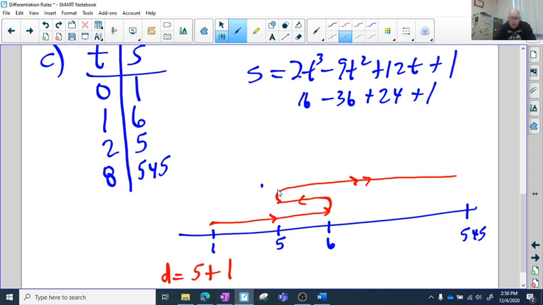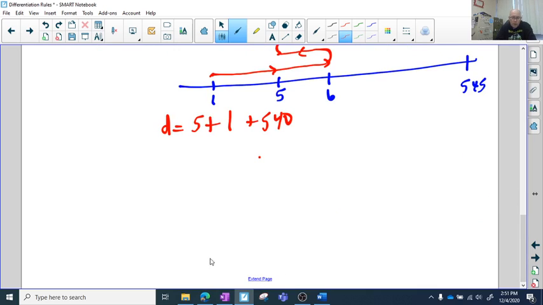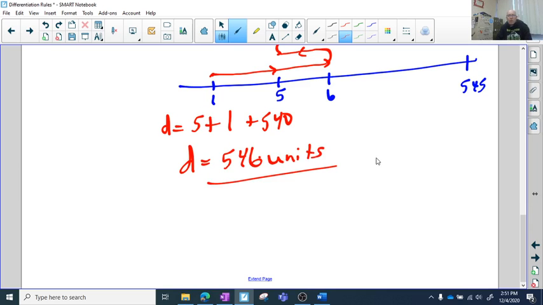Now it was at position 5. It ended up at 545, so that means it traveled a distance of 540 units, giving me a total distance traveled of 546. Didn't give us any measurement unit. We'll just say units.